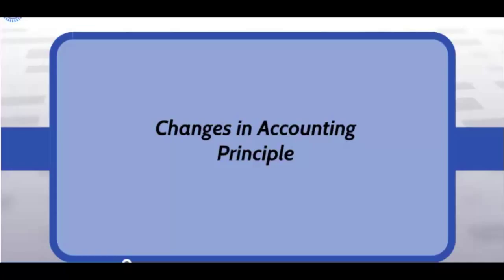We call this a retroactive restatement or a retroactive adjustment. You're going to make the adjustment now, but it's going to impact all of those previous years. You're going to redo those statements, and you're going to change the beginning balance of your retained earnings account to reflect that cumulative change.